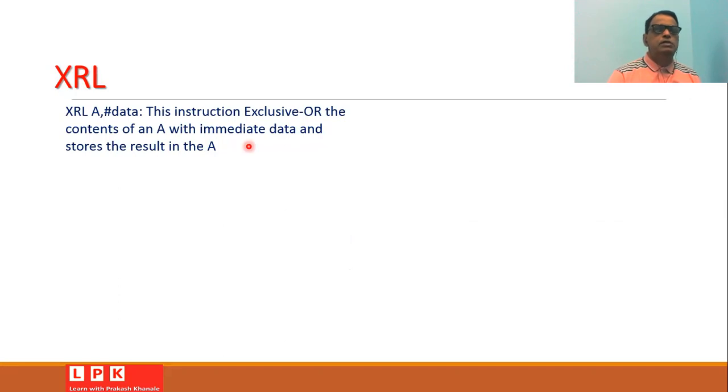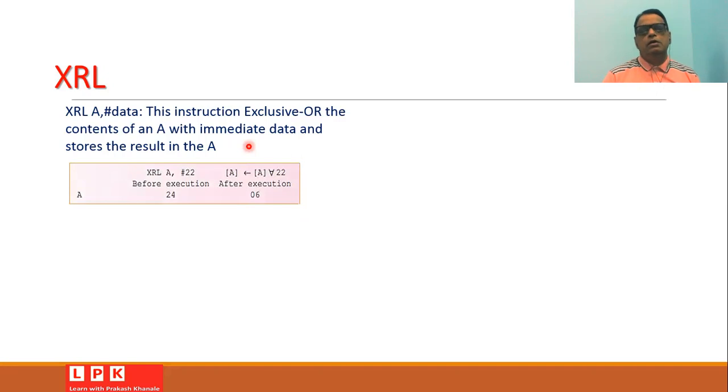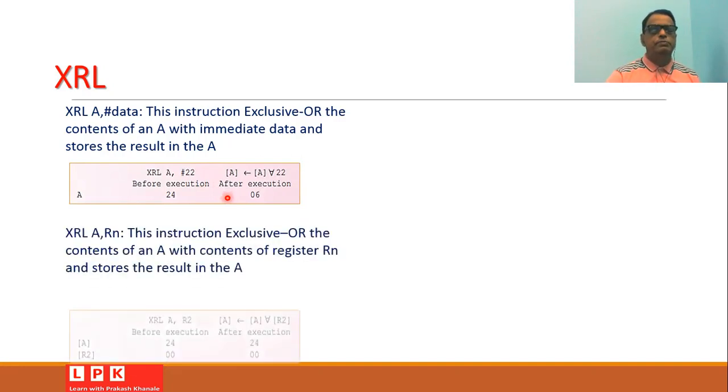If we write this instruction XRL A comma hash data, then the exclusive OR operation will take place between the content of A and the immediate data. For example, if we write XRL A comma hash 22, and A has 24, then after the execution of this instruction, we will get the result 06.